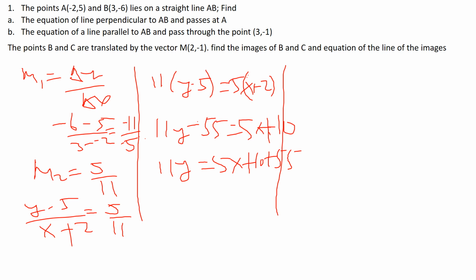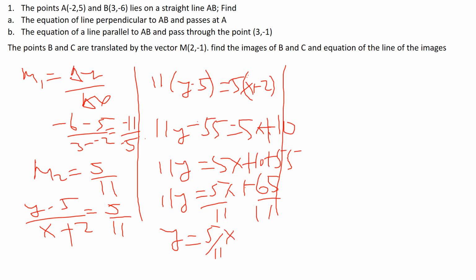So we are going to have 11y equals 5x plus 65. Then we can divide by 11, so our equation becomes y equals 5 out of 11 x plus 65 divided by 11. And it is always good to leave your answer as a mixed fraction or a decimal, not in the form of an improper fraction.